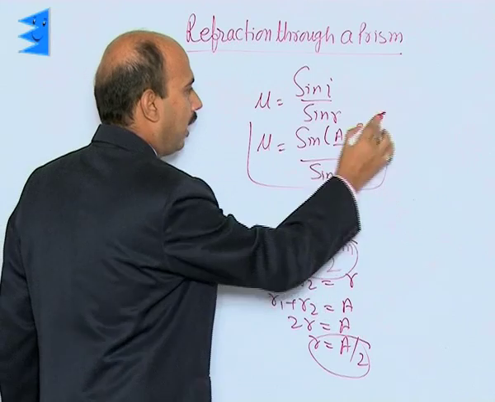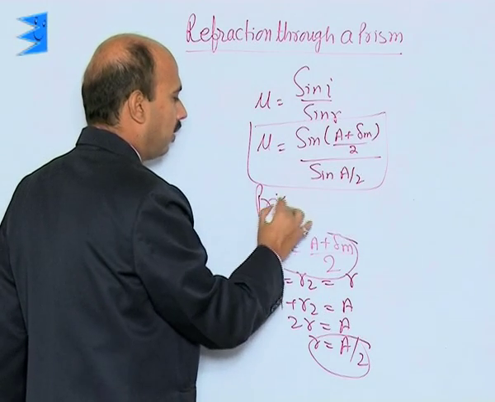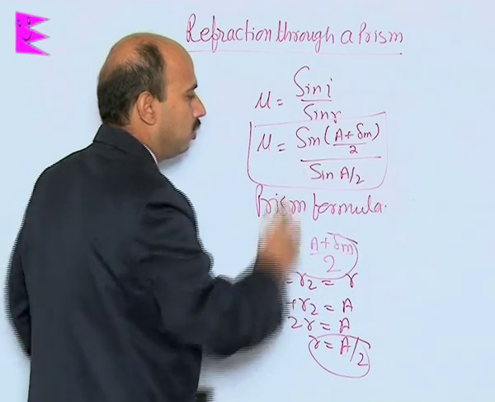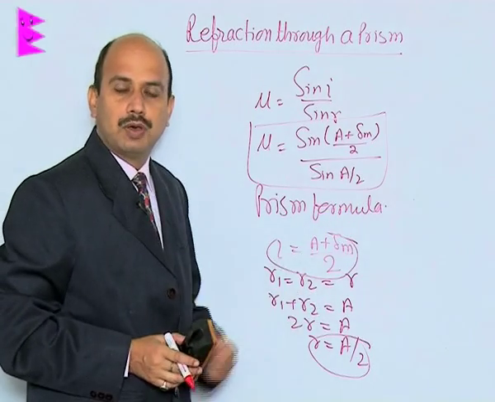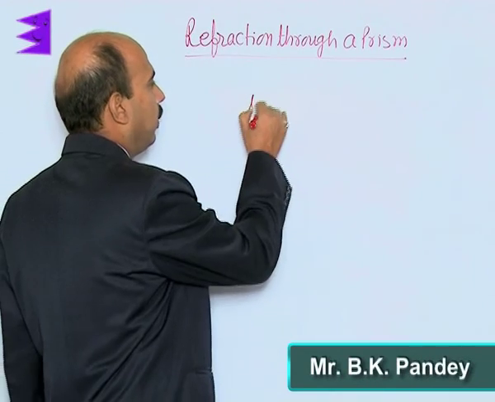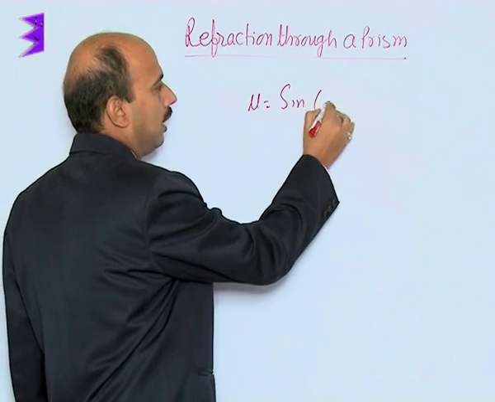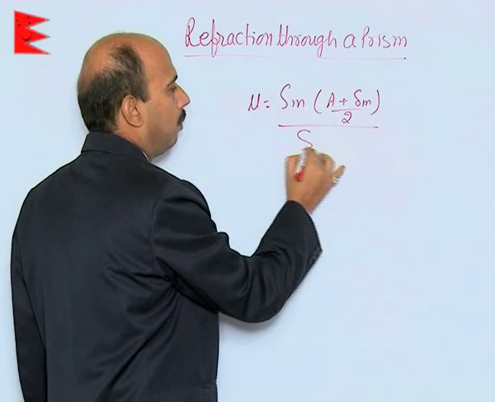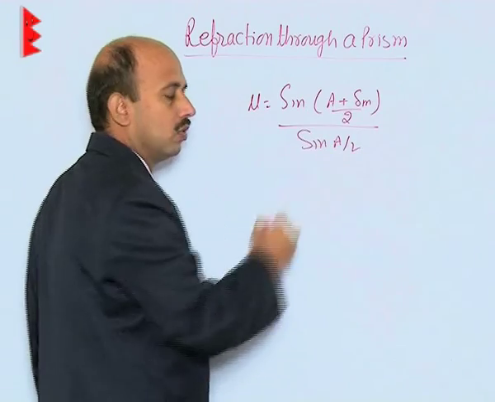This is known as the Prism formula. So now we have done the Prism formula, that is mu is equal to sin of A plus delta M upon 2 whole upon sin A upon 2.